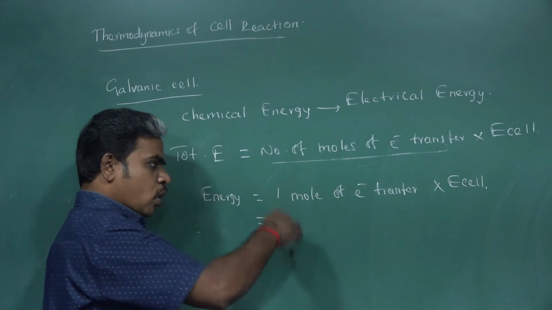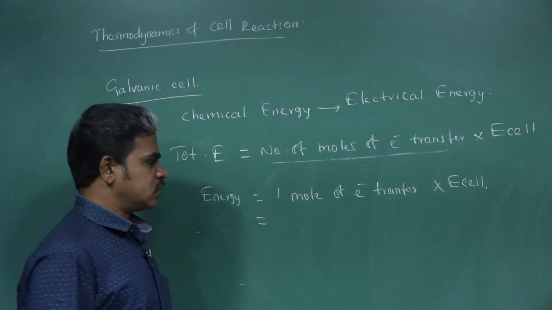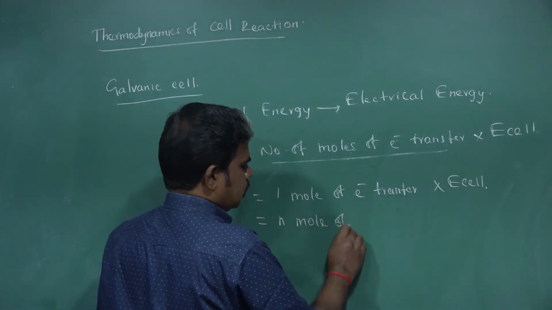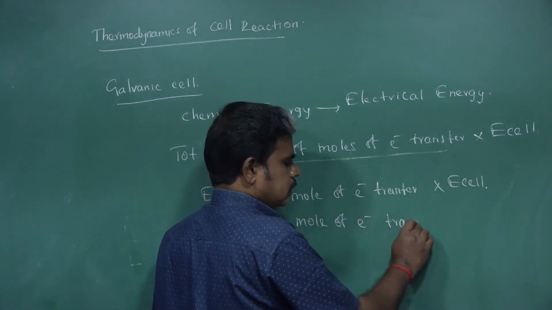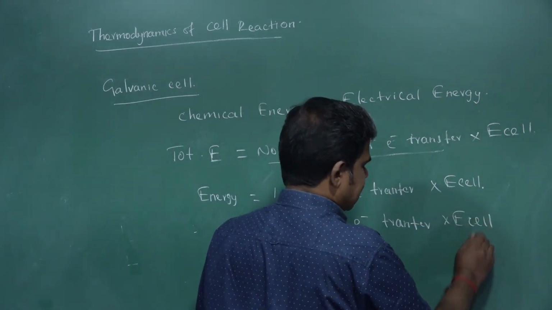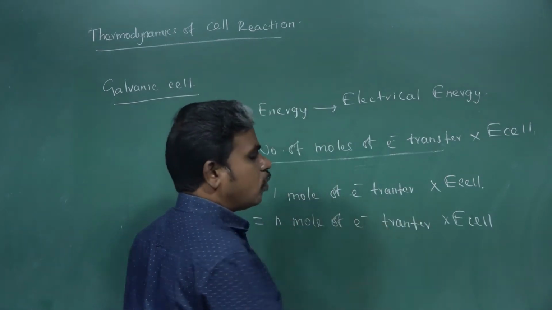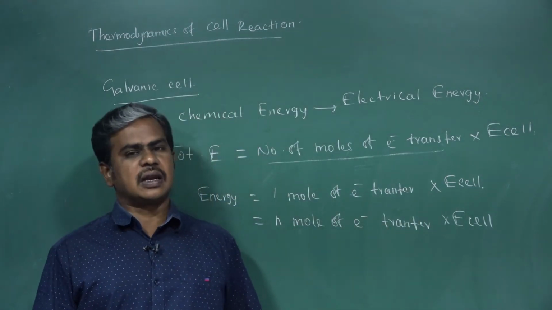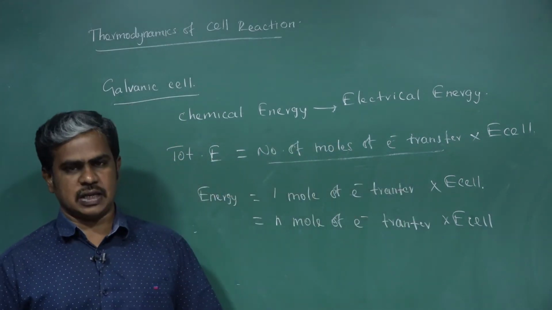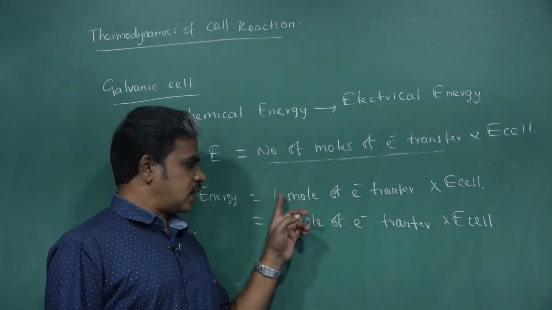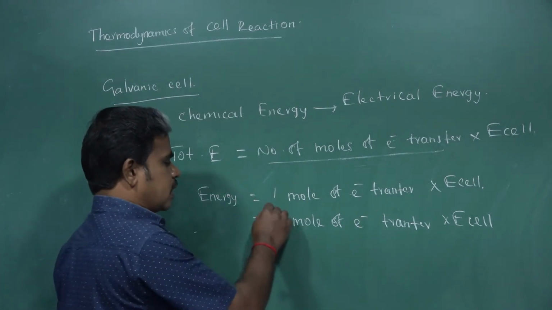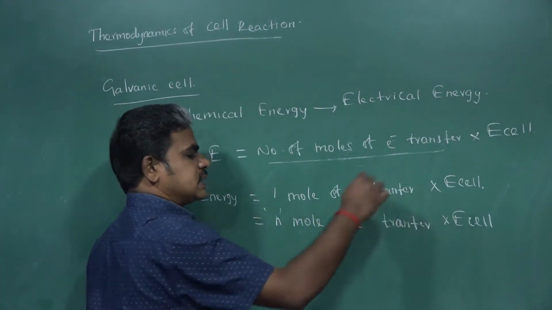If n moles of electrons are transferred, then n moles of electron transfer into E cell. So, the number of moles of electrons is taken as the charge. So, charge into E cell is equal to total energy.